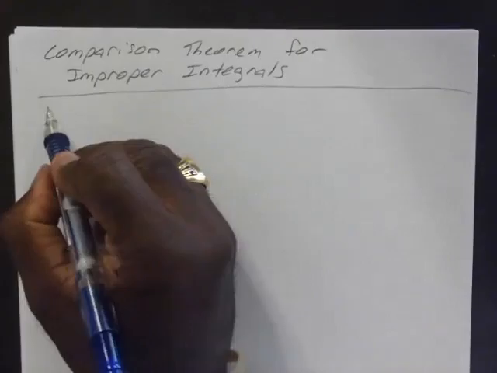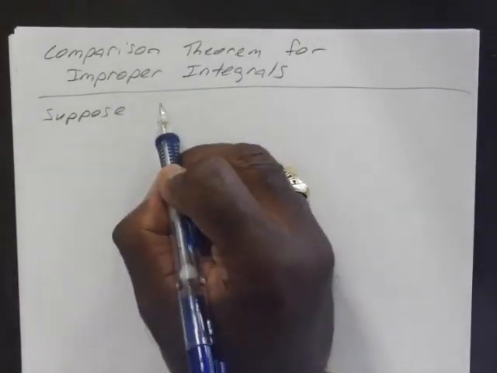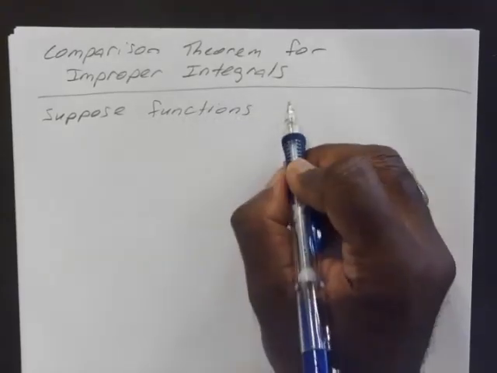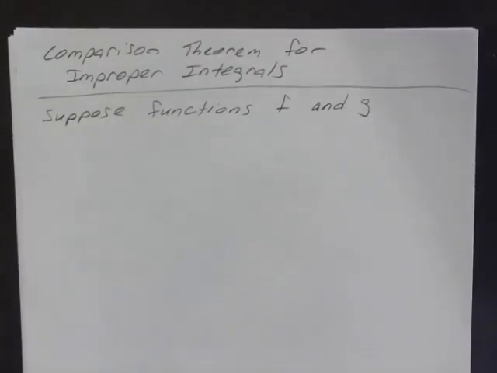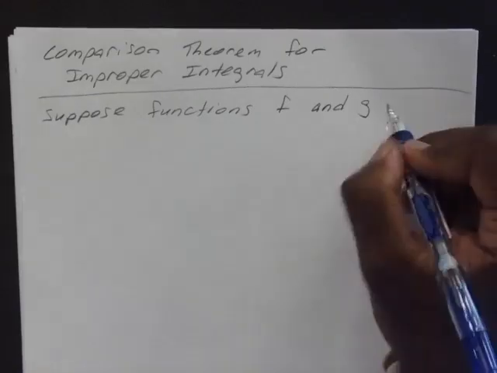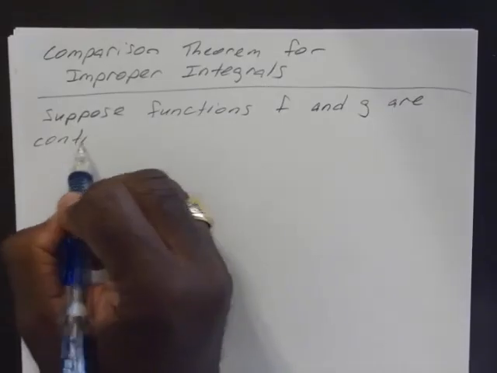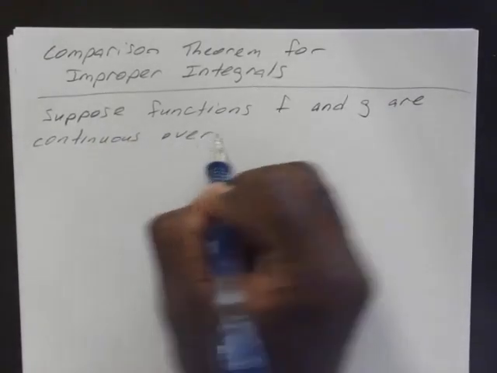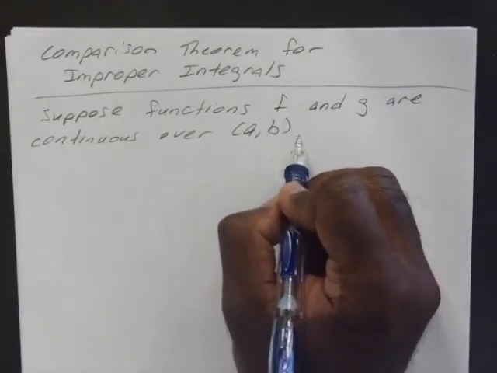Okay, so let's say that we have two functions f and g. And those two functions are continuous over some open interval from a to b.